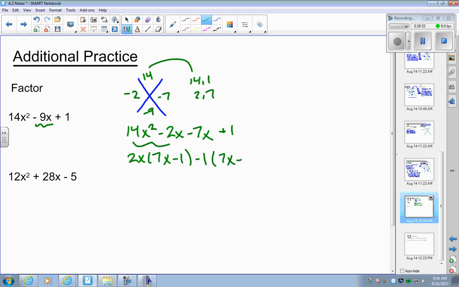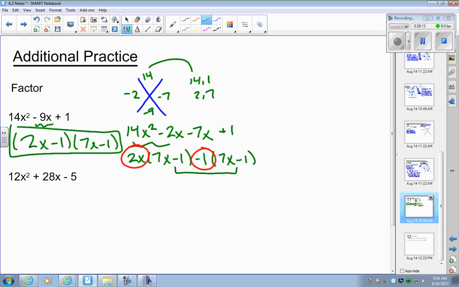So this is going to go to -7x minus 1. These match up. So 2x minus 1, 7x minus 1, double distribute or check in your calculator.